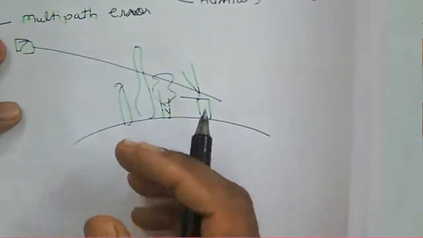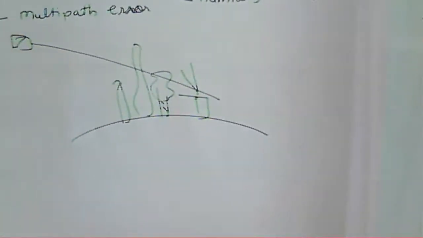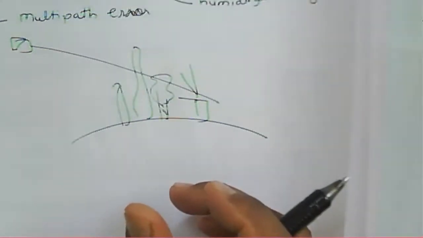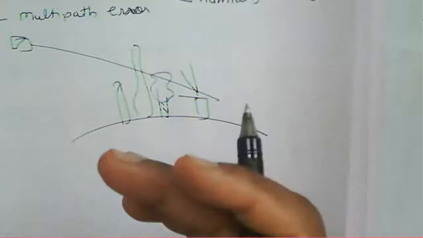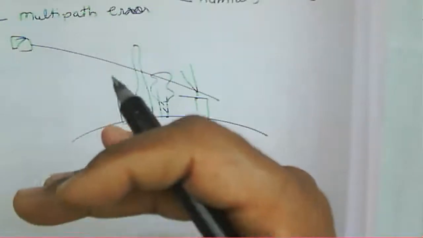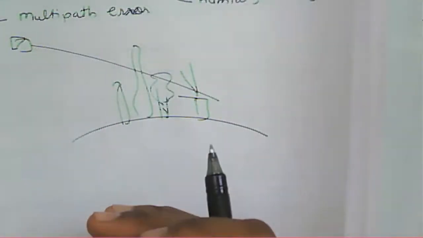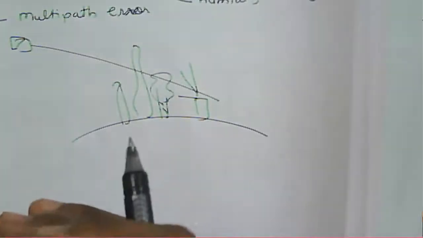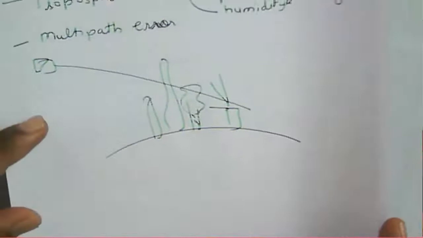Now another error is the receiver noise. We can consider that the signal received at the particular receiver came from multiple paths, which may be a direct path or a different path, likewise. So there may be a variation in the phase or in the amplitude, and because of that variation, the signal degrades, and that's why there will be an error. That is nothing but a multipath error.